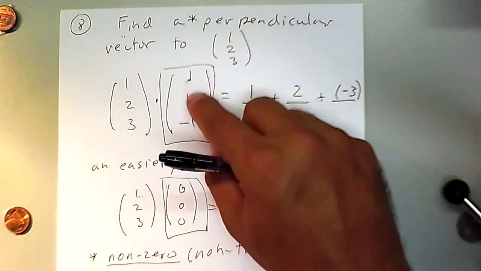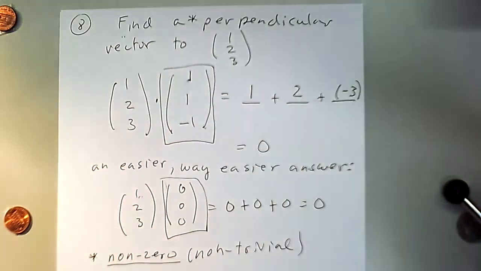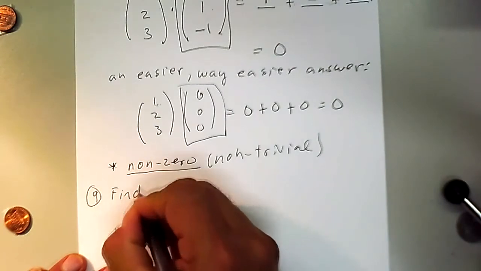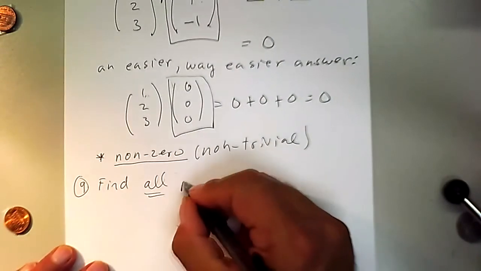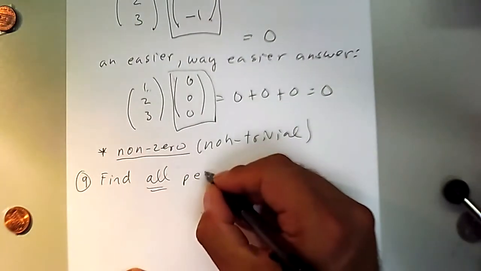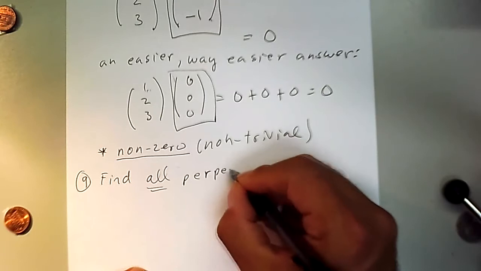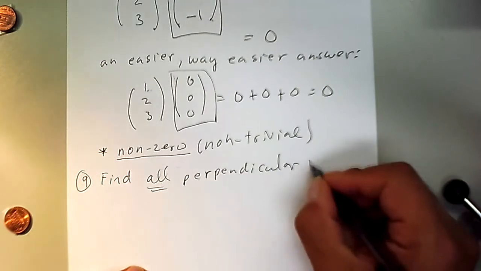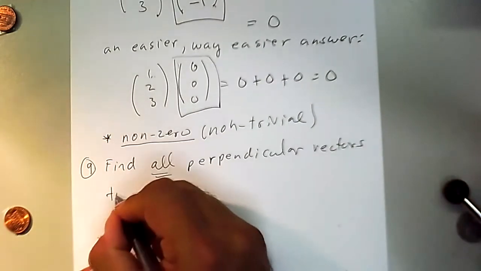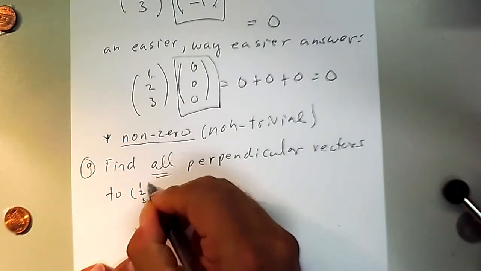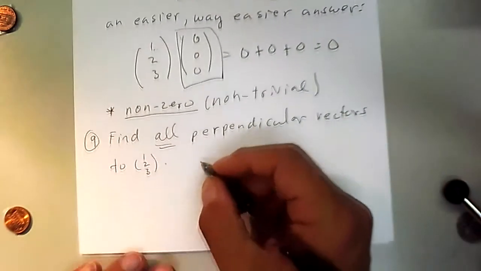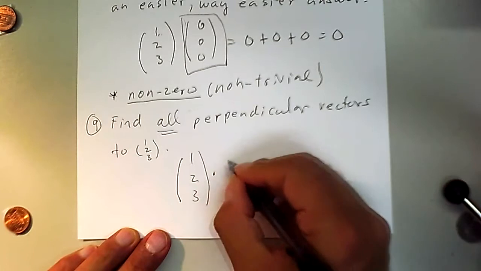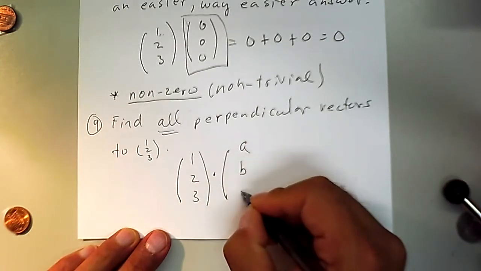So if we have A and B in general, let's go for that. Okay, so example 9: find all perpendicular vectors to 1, 2, 3. Boy, I get excited when this kind of question comes up. So let's go for this: 1, 2, 3, dotted with A, B, and then we don't know.